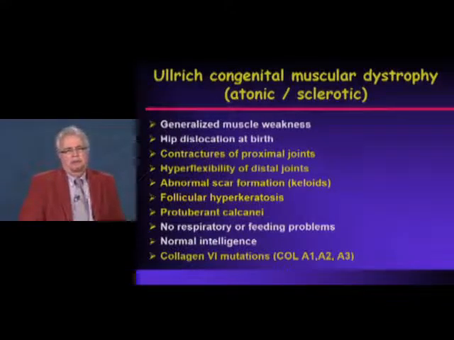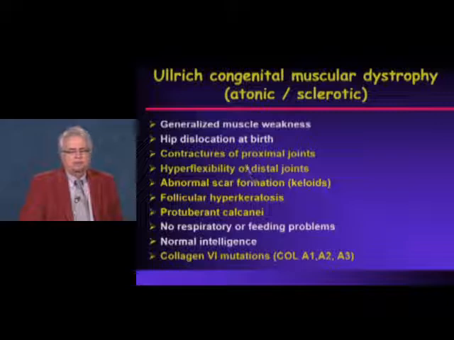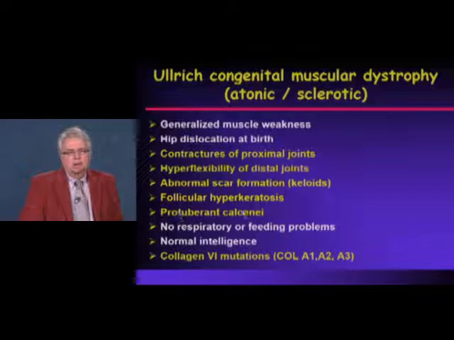There is hip dislocation at birth, but the main features are really contractures of proximal joints and hyperlaxity of distal joints. So you have this paradoxical coexistence of proximal contractures and distal hyperflexibility, in addition to keloid formation, abnormal scar formation, particularly at the site of muscle biopsy. You may see a very abnormal keloid. Follicular hyperkeratosis is something you see with Ullrich muscular dystrophy.